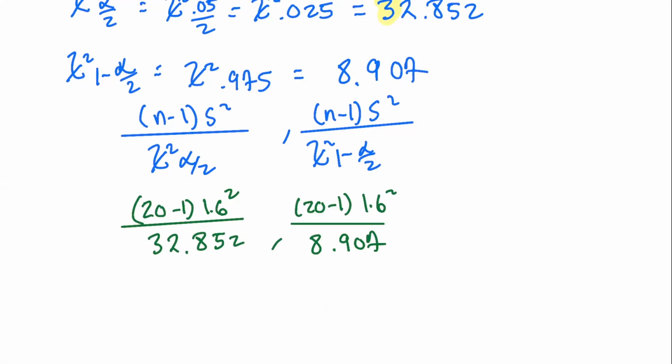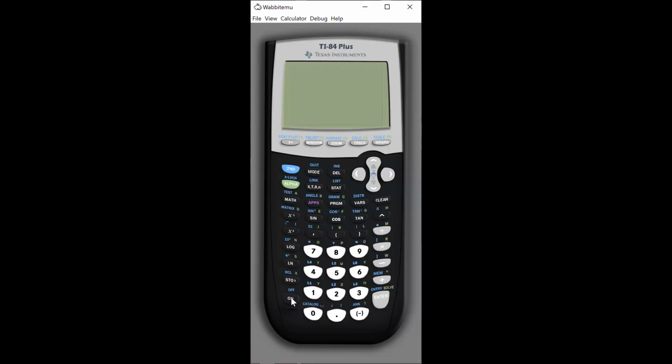Okay, so I'm going to go ahead and transition over to the TI-84, and that way I can just type it in. So on the TI-84, I do 19 multiply by 1.6 squared, all divided by 32.852.